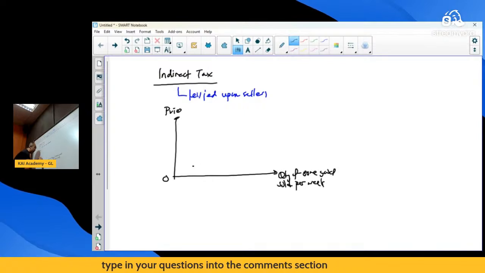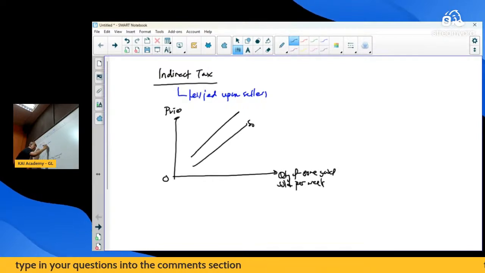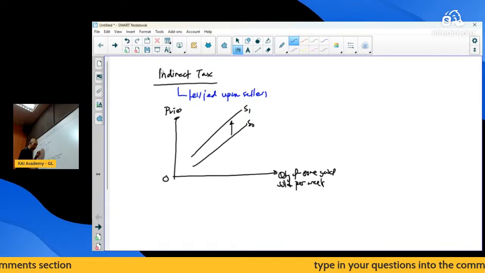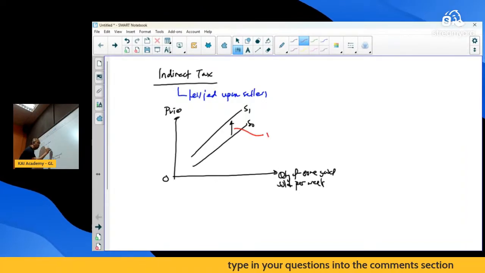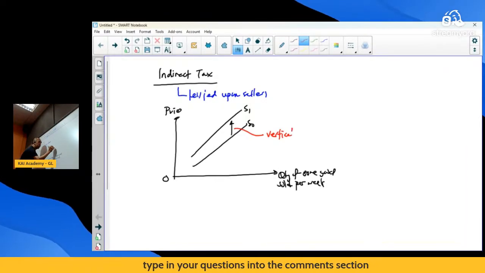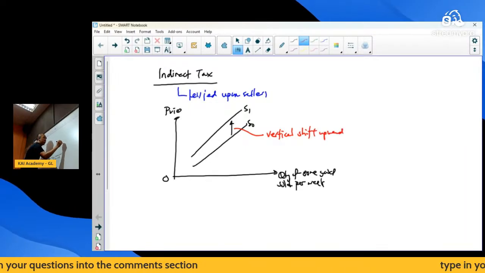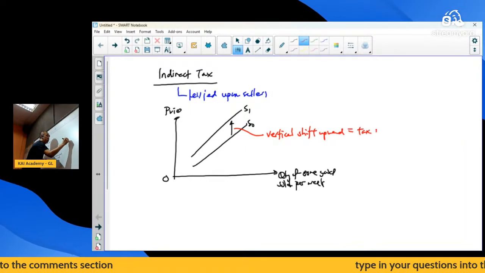Then what an indirect tax will do is typically cause the supply curve to shift upwards by a vertical distance equal to the tax per unit. So the vertical shift upwards is equal to the tax per unit.